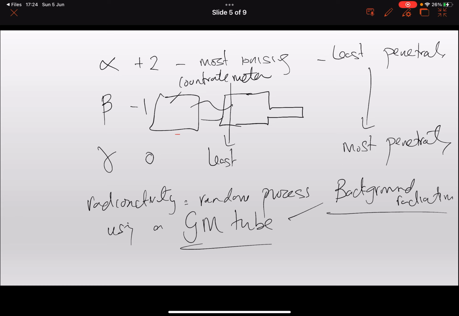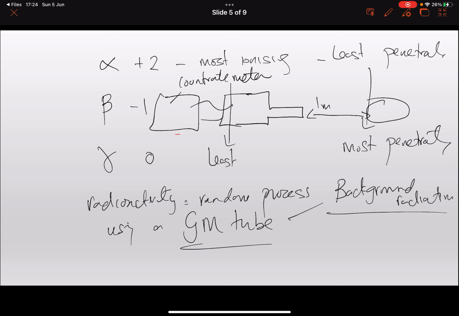Then you will take the count rate of the source whose radiation you want to measure. You will place that a fixed distance like a meter away, and you will measure its radioactivity by measuring the count rate on your Geiger-Müller tube.